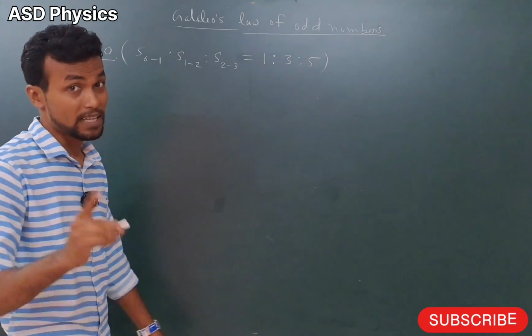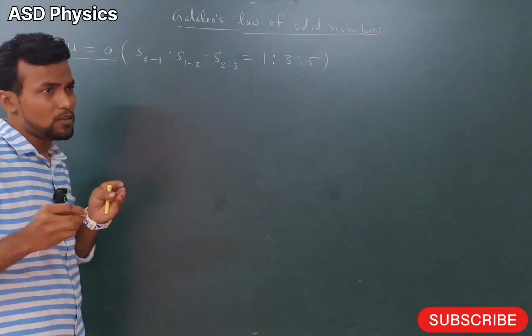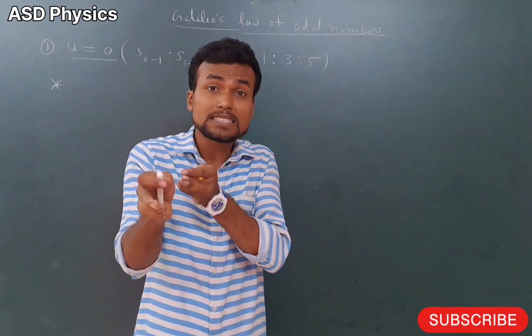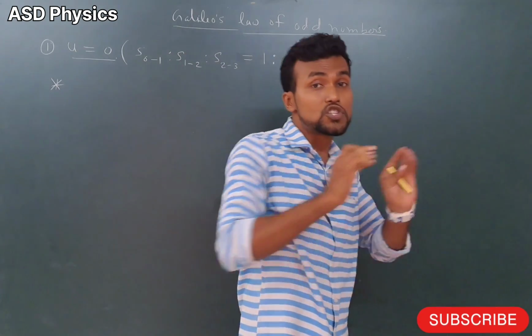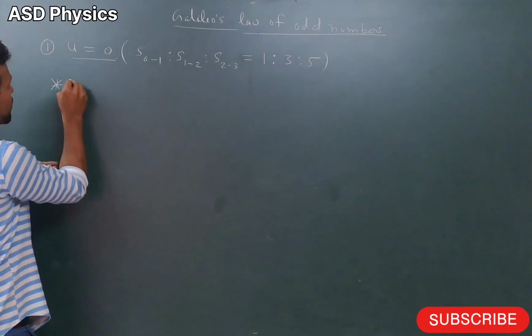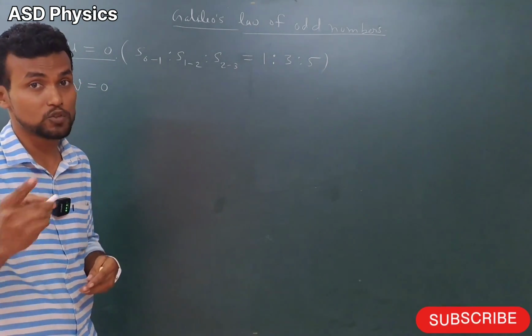Further also we can write here. And one more thing: let's take an example where the object has some initial velocity and after some time it stops. That means the final velocity is 0. That time also you can use this law. Are you getting what I am telling?